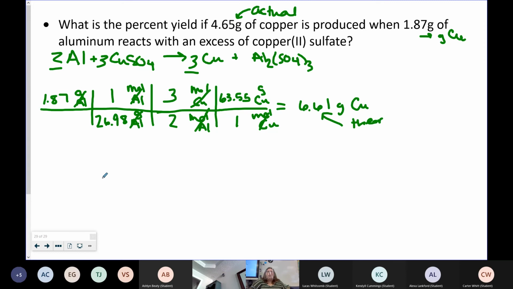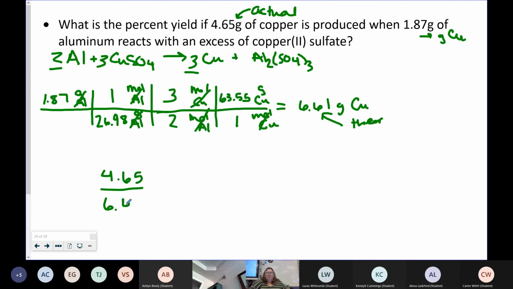So whenever we're finding percent yield, which is what it's asking, so we're still not done, we said it's the actual, so the 4.65, divided by the theoretical yield. Our calculated value always goes on the bottom.